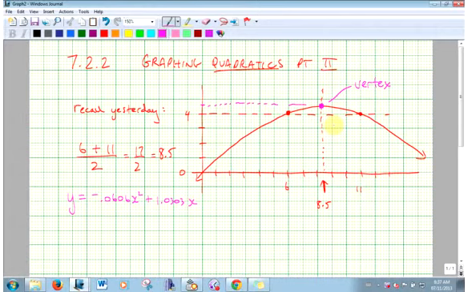Now remember last chapter, linear inequalities. Could we find the y-intercept for this thing? What happens at the y-intercept? X is 0. If I put x is 0 here, what's y?